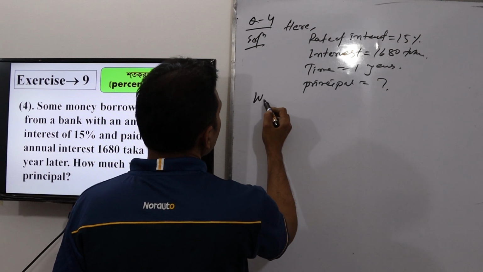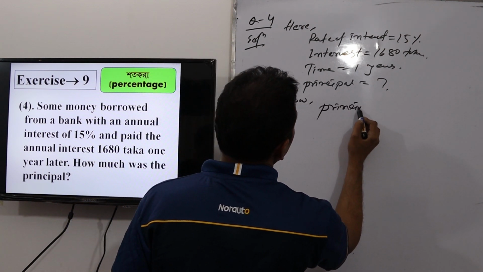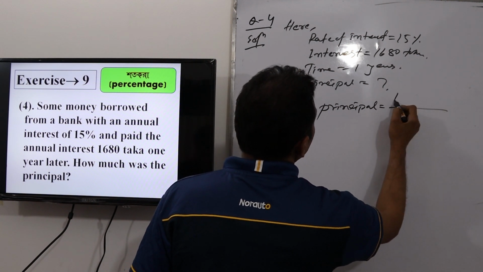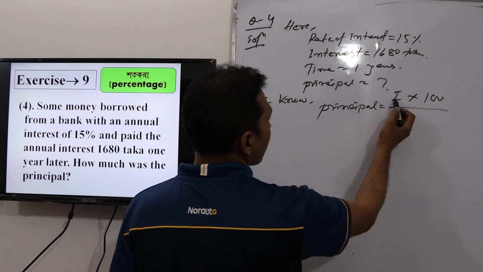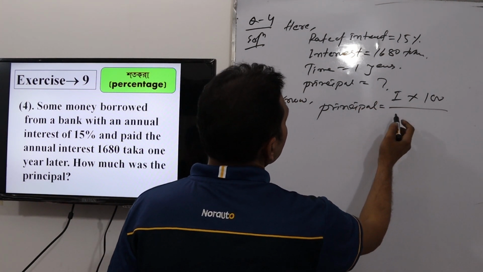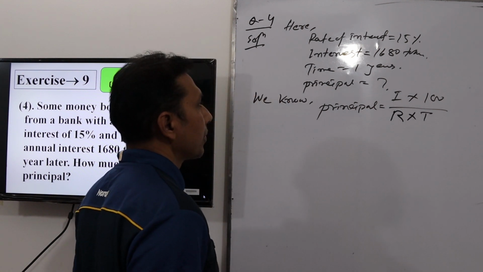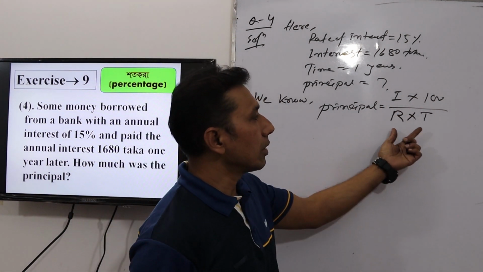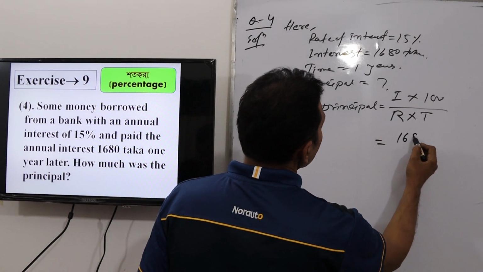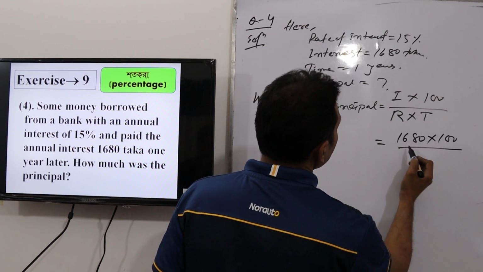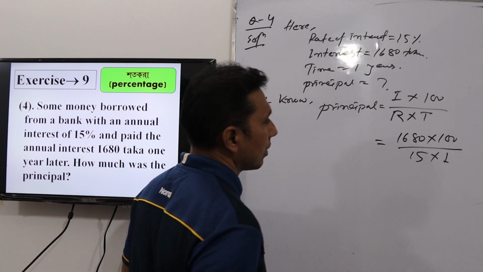Principal equals what? We know principal equals interest into 100 divided by rate into time. This is the principal. Interest is 1680 times 100, rate is 15 times 1.